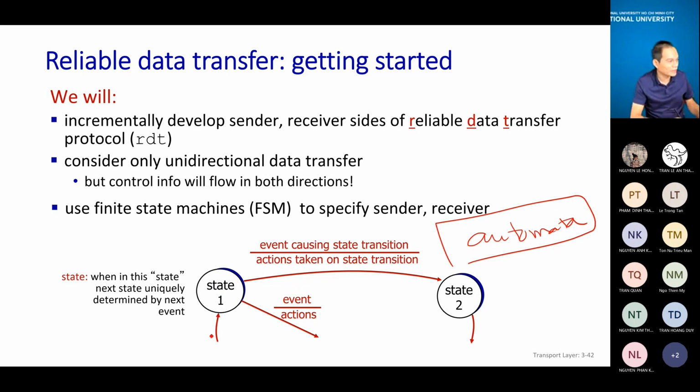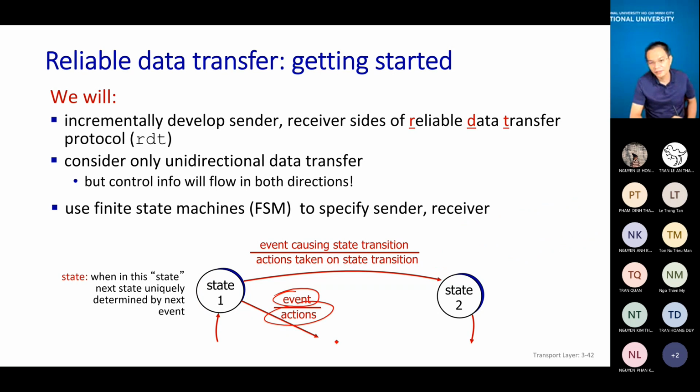It means that if we are in state one and some event happens that matches the transition of the state, then we perform some action, and then we change state. So an event happens, we perform an action, and then we change the state. That is the idea of the finite state machine.